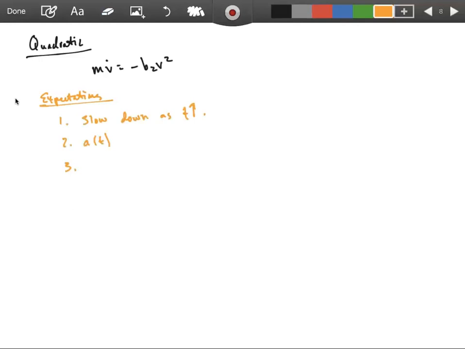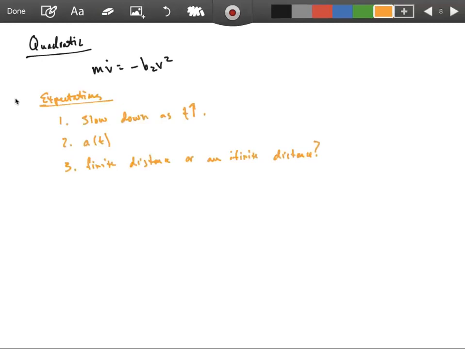We know that this thing is going to eventually come to a stop, which means it's going to go over some sort of distance. In this case, we want to know, is this going to be a finite distance or an infinite distance? At this stage, it's very hard to tell until we actually determine it.